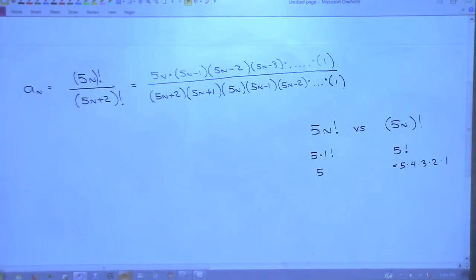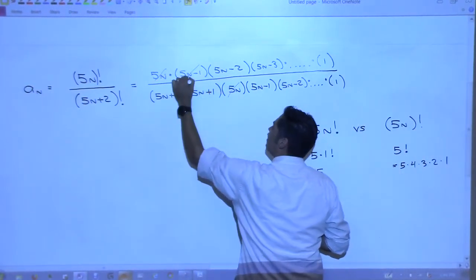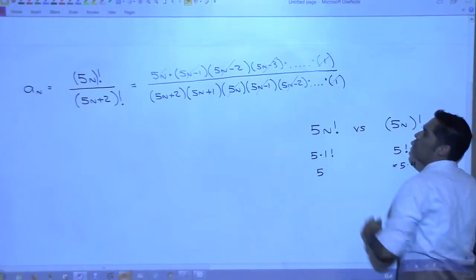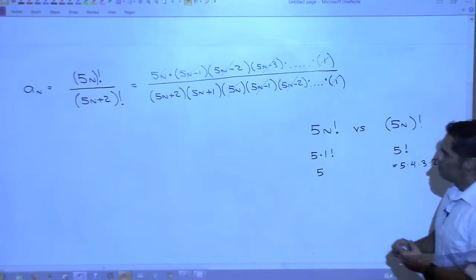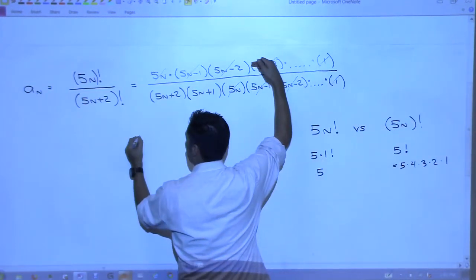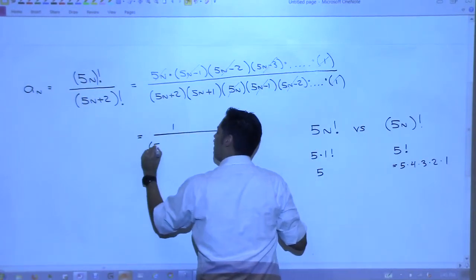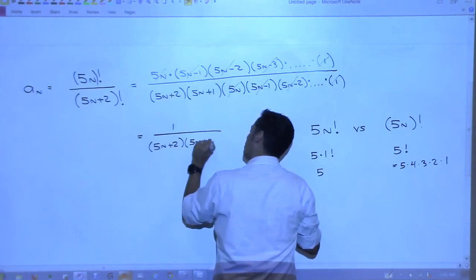You saw that right there, right? Starting at this position right here, all these start to cancel, all the way down to your 1s. So the only thing left is you've canceled everything up top, so you have a 1 up there, and down here you have 5n plus 2, and then 5n plus 1.